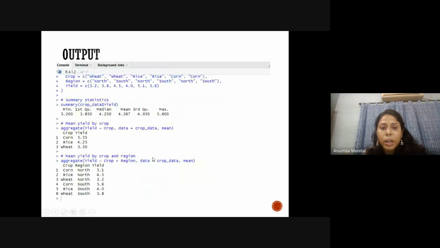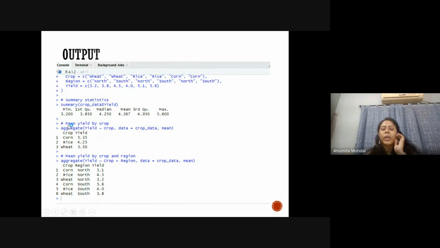And after running, it gives the five-point summary: the minimum value of the data set, the first quartile, then median, then mean, then third quartile, and the maximum value in the data set. By using mean yield by crop, it gives how much of the data set is harvested.